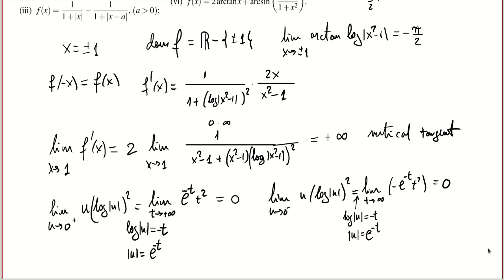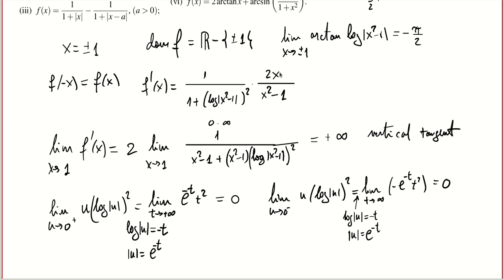Okay, so now we need to analyze what is the sign of this derivative, right? Which is something that we haven't analyzed so far. We don't have to worry about this factor here, because whenever the derivative can be evaluated, this factor is going to be positive, right? So we only have to worry about this.